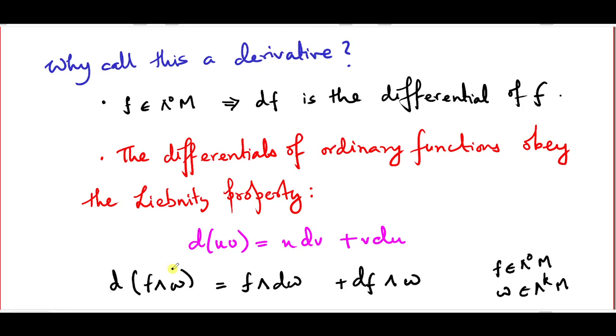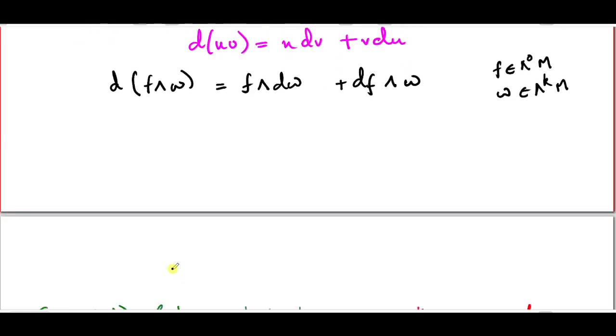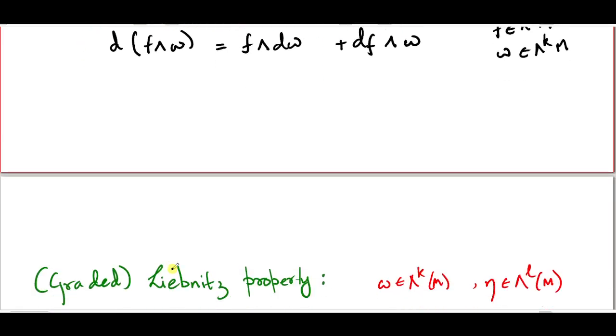We don't really have the same property, but we do end up with a very similar property, something which is called the graded Leibniz property. So, here we are talking about the exterior derivative of the wedge product of two forms, one k form omega and an L form eta.